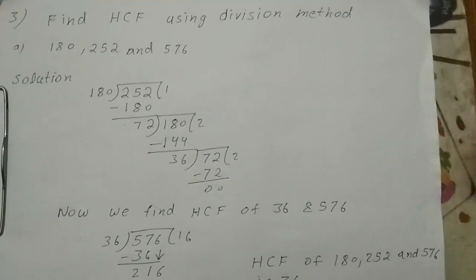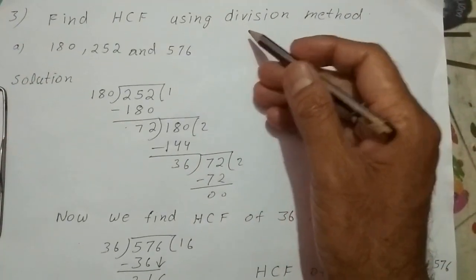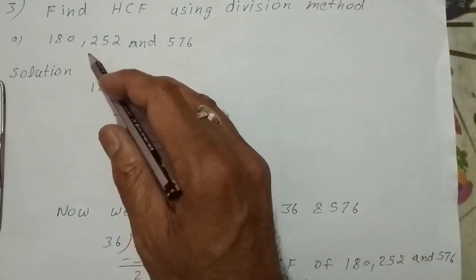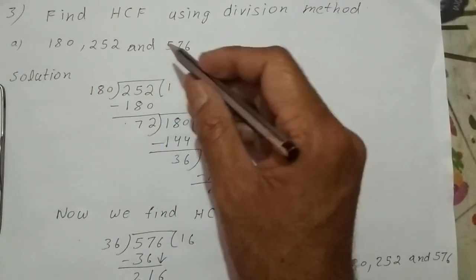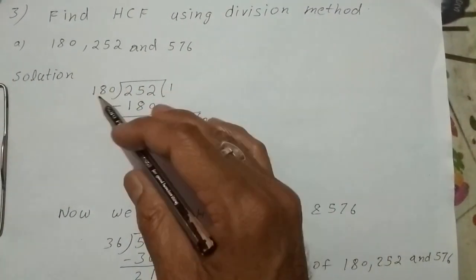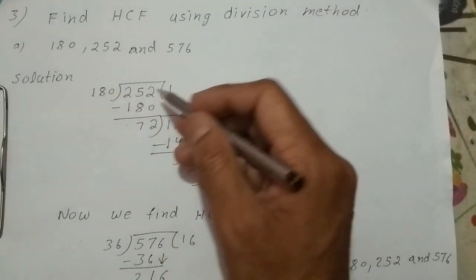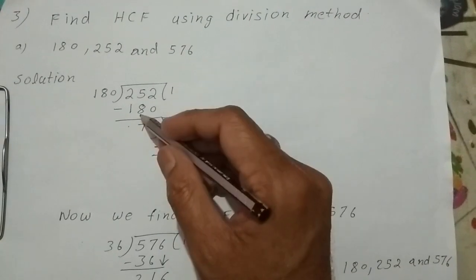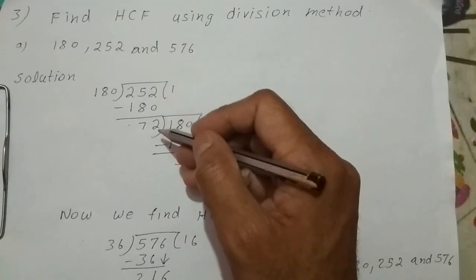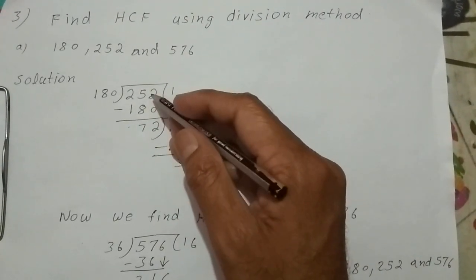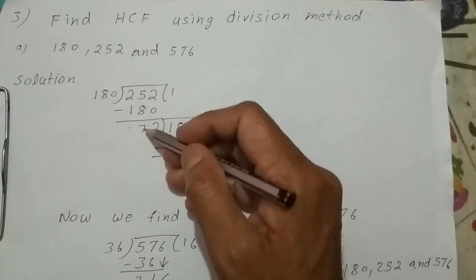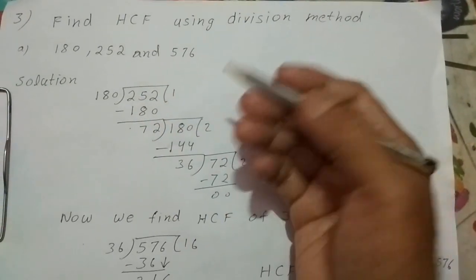Now the third question: find the HCF using the division method. 180, 252 and 576. Solution: 252 divided by 180 gives 1, 180, and remainder 72.